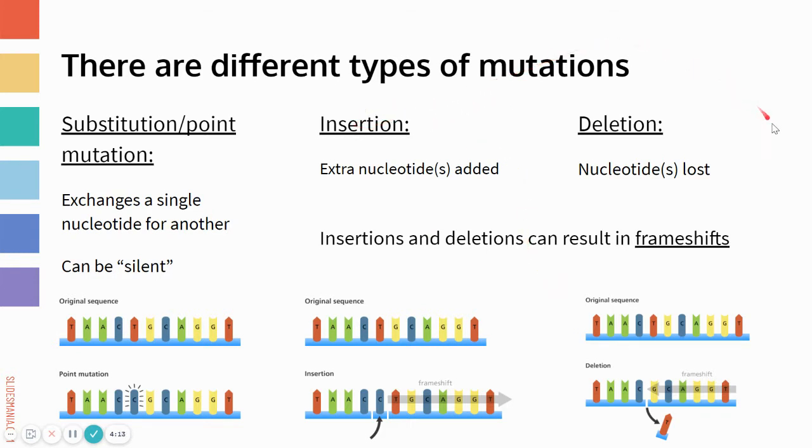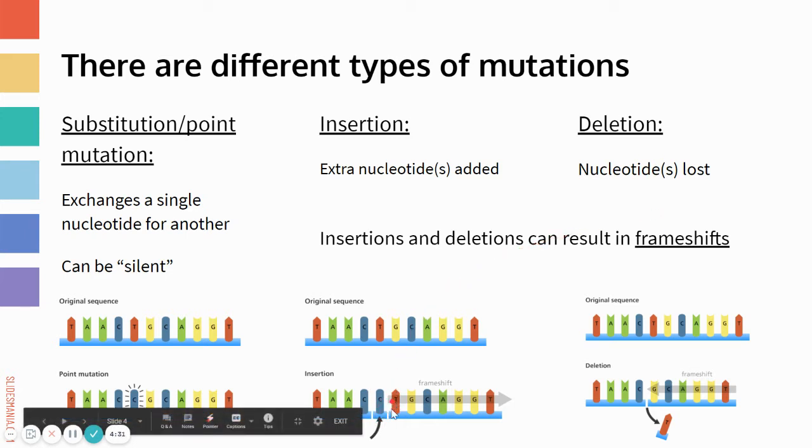The other two types of mutations that we'll talk about are called insertions and deletions. In insertions and deletions, we're either adding, in the case of insertions, or getting rid of one or more than one nucleotide. So in this example here, we're adding in a C in between.